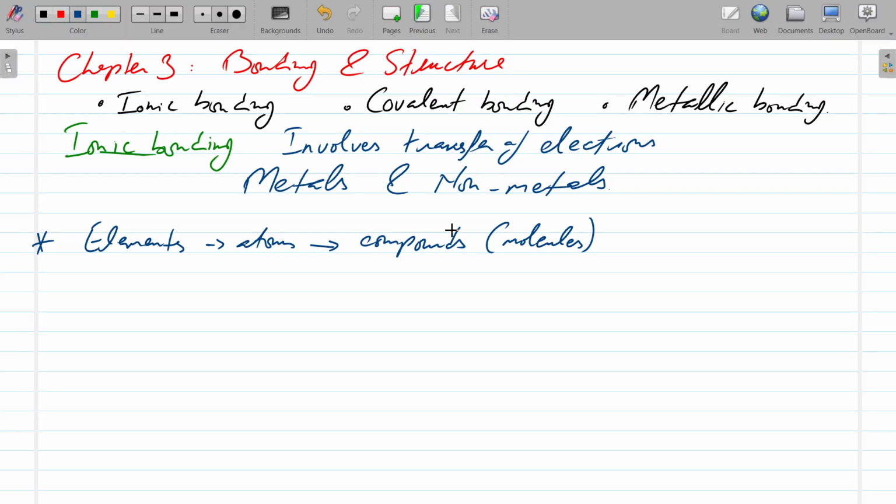Again, we are not talking about mixtures at all. Mixtures are done. We're not talking about any mixtures, so do not confuse that. We're talking about compounds, formed through chemical reactions.